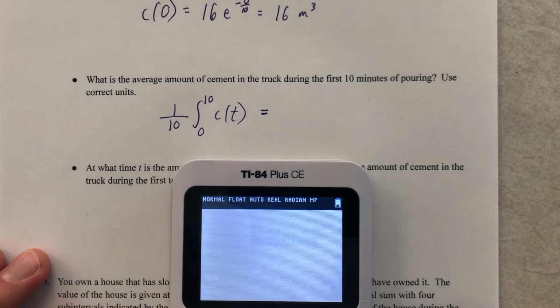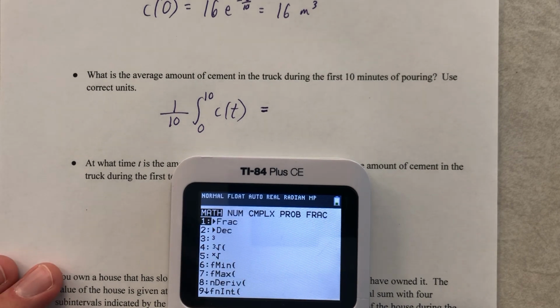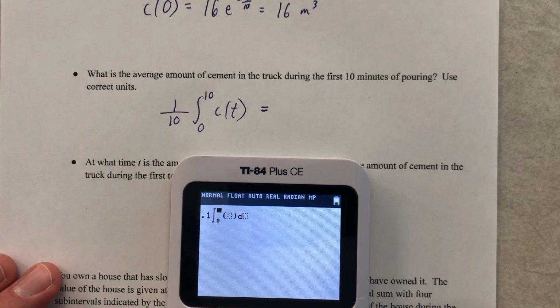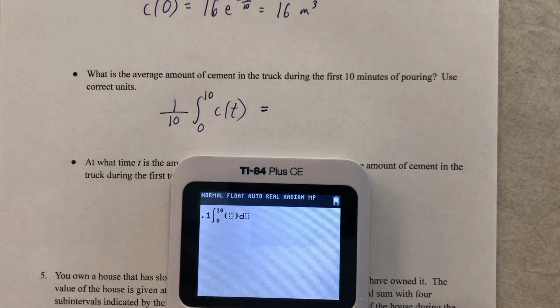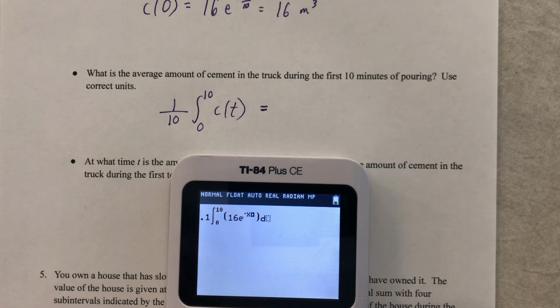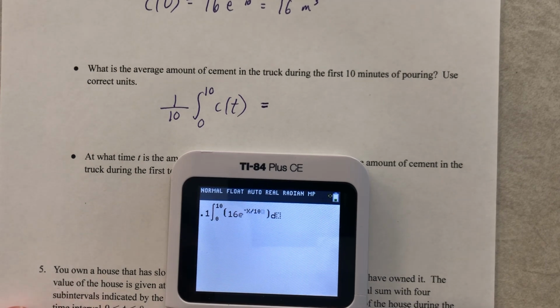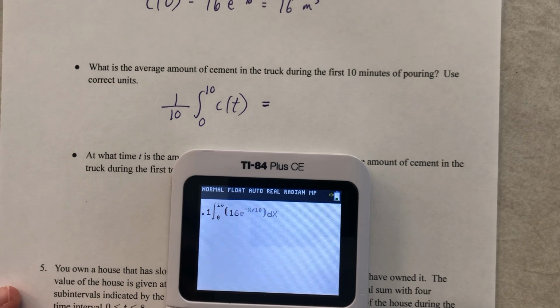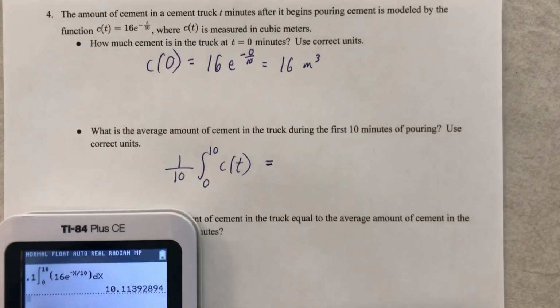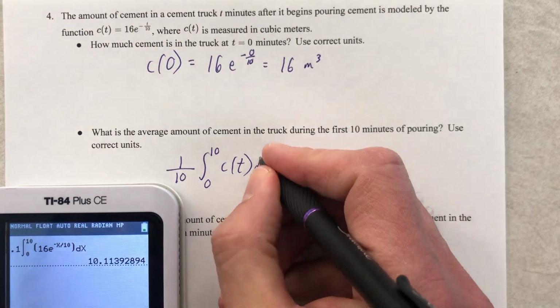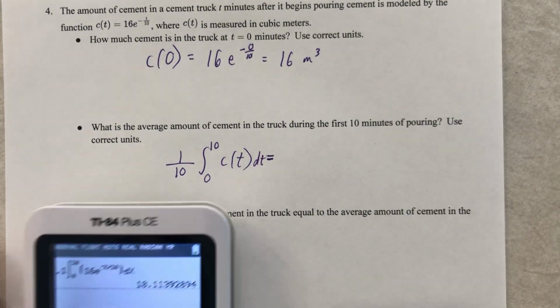So 1/10, we'll call it 0.1, times the integral from 0 to 10 of C of t, which is 16 e to the negative t over 10, dt. Whoops, I left something off, and this is a big whoops: dt. I need that. That is part of the operation.